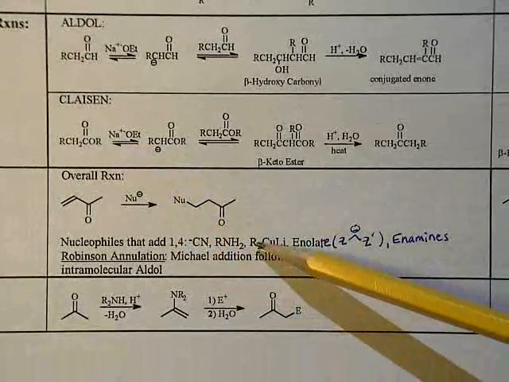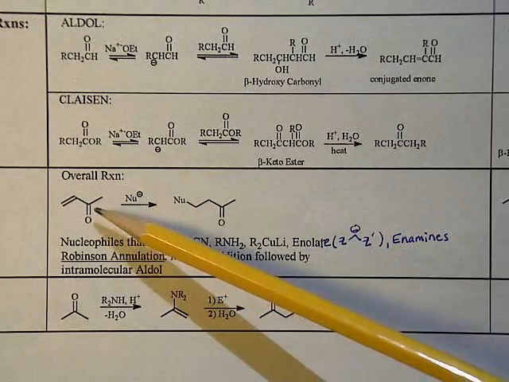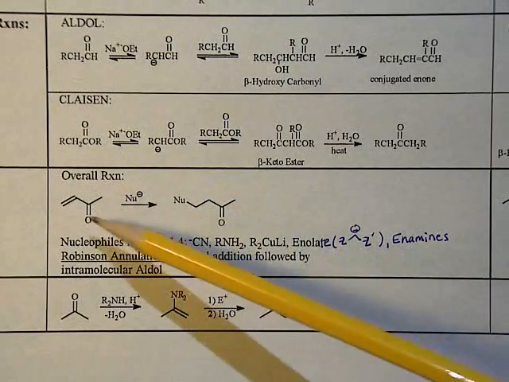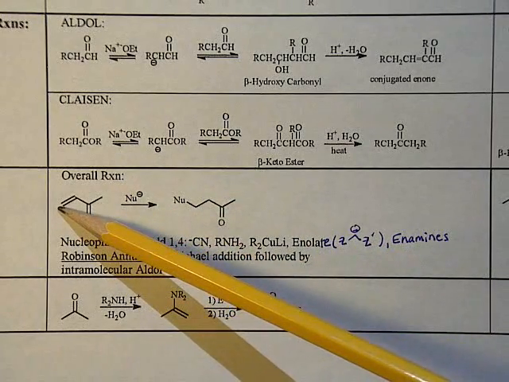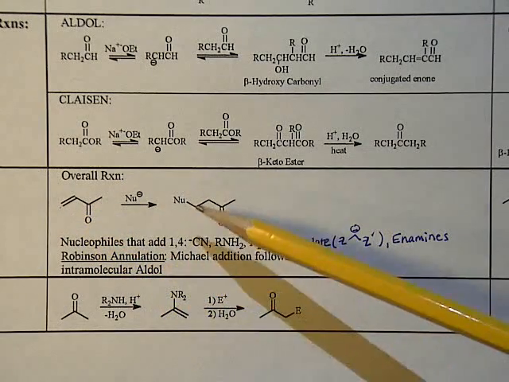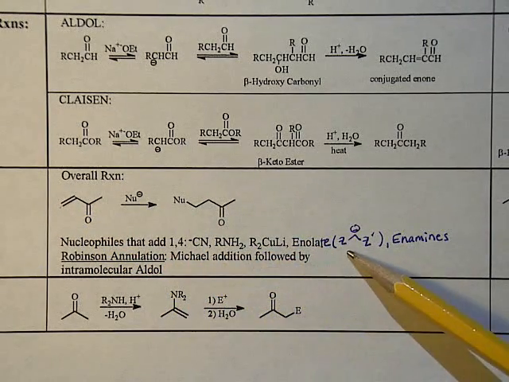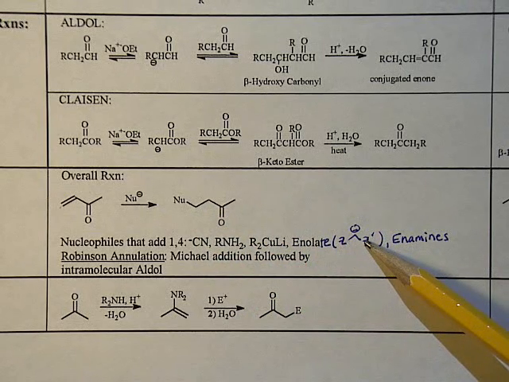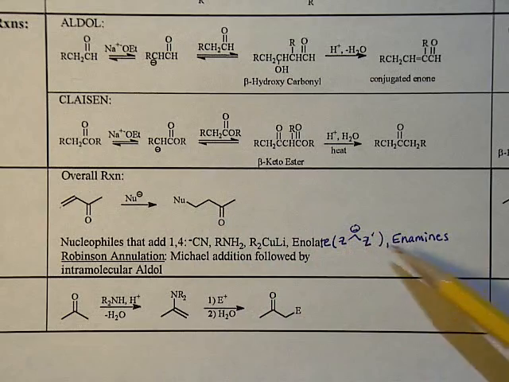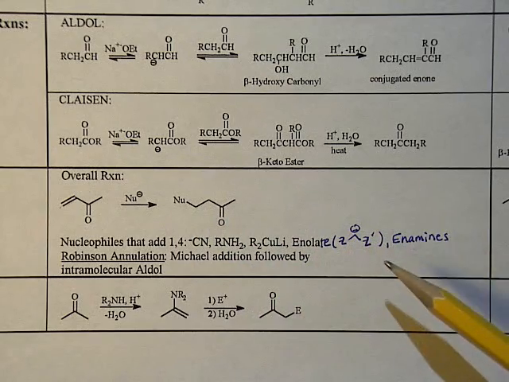And then Michael reaction, we went over what kind of nucleophiles add at the beta carbon in a 1,4 fashion to add the nucleophile there, and those are these nucleophiles shown here. The enolate, you have to have double electron withdrawing groups in order for it to do Michael addition, and then enamines as well.